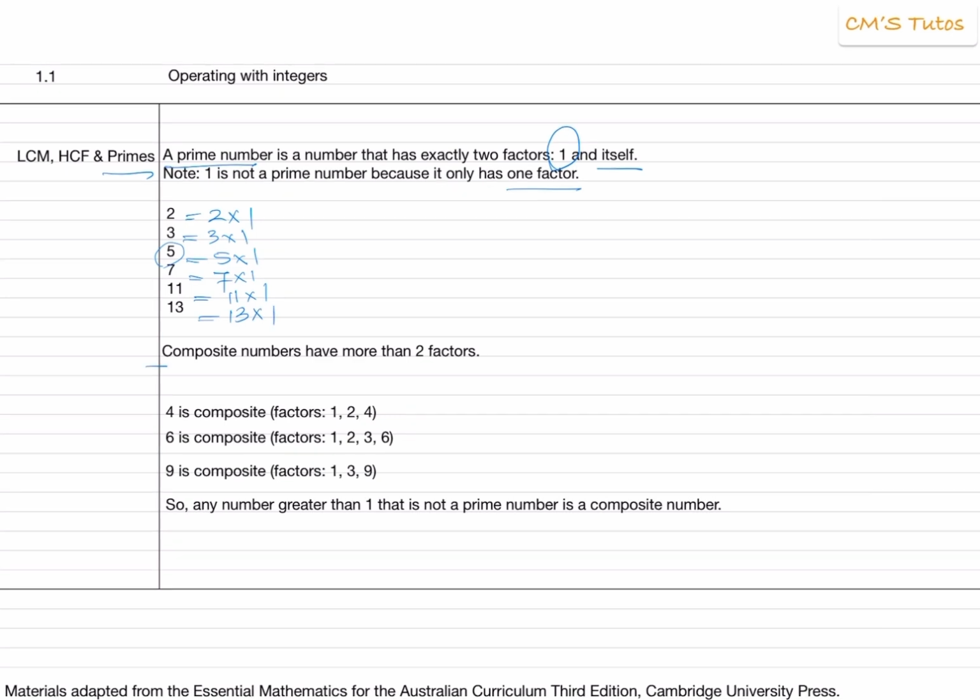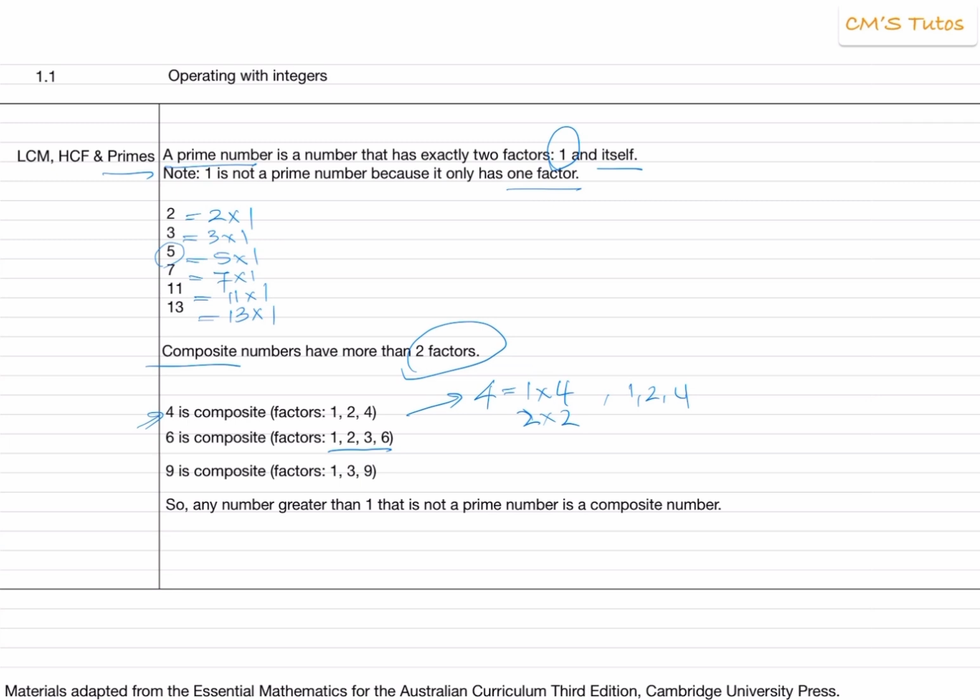Now, let's have a look at the composite numbers. It has more than 2 factors. So, the number 4 is a composite number because it has factors of, let's say, 1 and 4, then 2 and 2. Yes, it has the factors 1, 2, and 4. 6 is also a composite number because it has more than 2 factors.